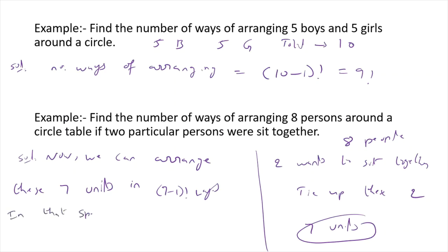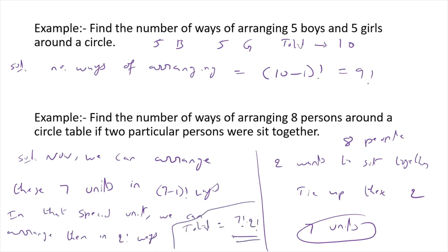Therefore, the total is equal to 7 minus 1 factorial times 2 factorial, which is equal to 6 factorial times 2 factorial.